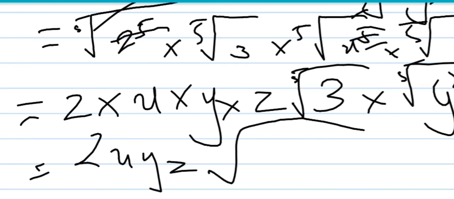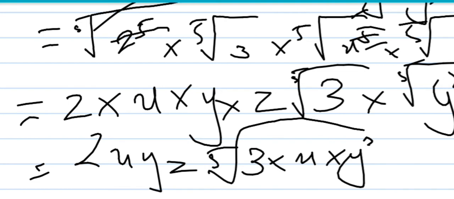Now we'll bring all of them in the single bracket, fifth root. It will become x³, x, y³, x multiply y square multiply z cube.